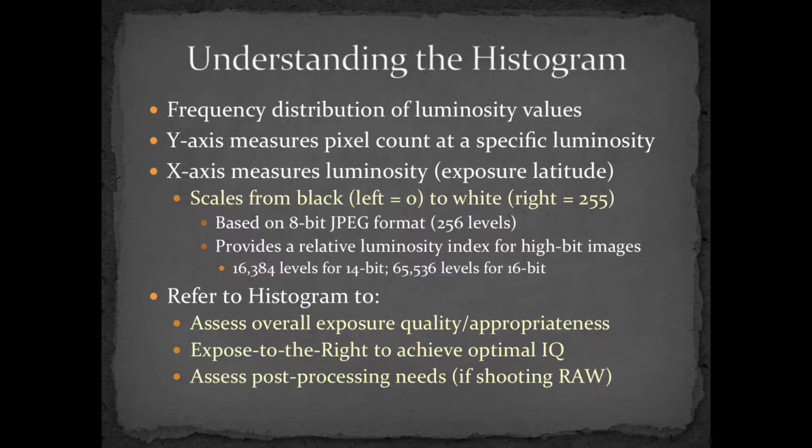The reason why histograms are presented for an 8-bit image as opposed to the full high bit image is that with the higher bit shots there is typically too great a range of luminance levels to easily graph and judge the exposure. Due to the high number of levels involved, the histogram of a high-bit image would be pushed to the left in many cases to accommodate the many thousands, tens of thousands of levels of luminance in the right-hand portion of the histogram.